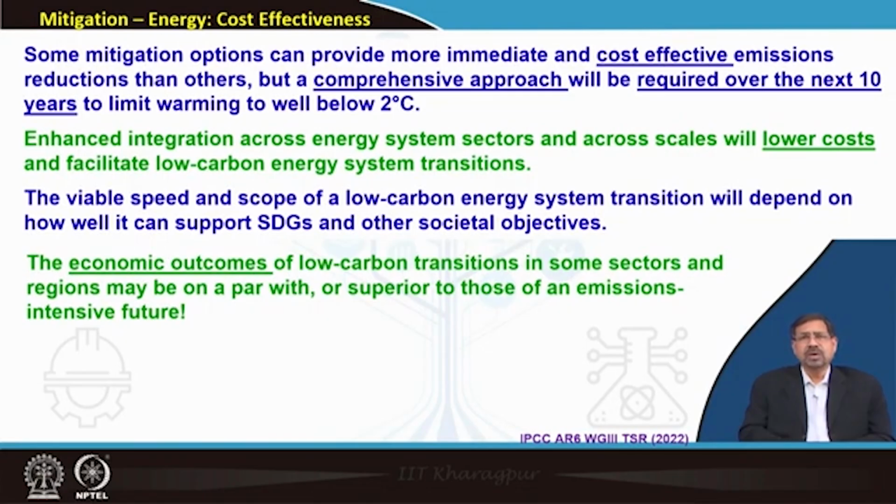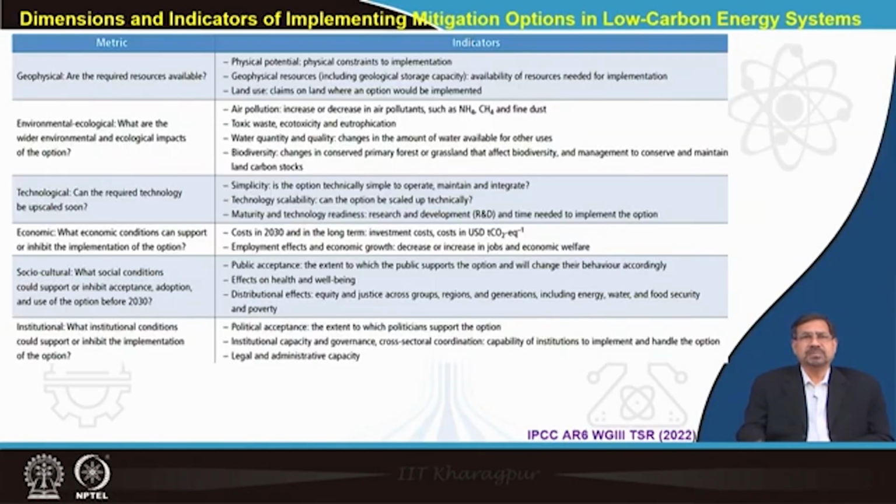As we know, if we do this, it will support the sustainable development goal objectives and other social objectives. Coming to the dimensions and indicators of implementing mitigation options in low carbon energy systems, we have put it in 1, 2, 3, 4, 5, 6.